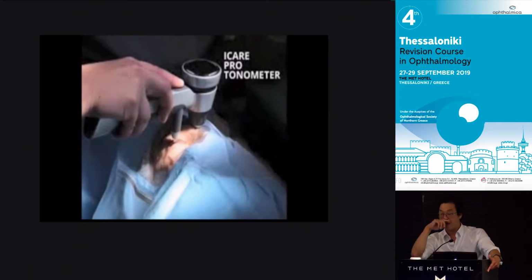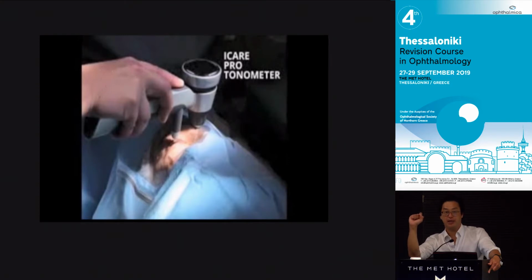The reason the Ahmed valve worked in this case, and she ended up doing really well now, is that the Ahmed valve maintains a pressure of about 10, her hypotony maculopathy is gone, and she's doing quite well. What I'm trying to say is that in this kind of juvenile chronic arthritis, with severe inflammation, they genuinely have a very low aqueous production.